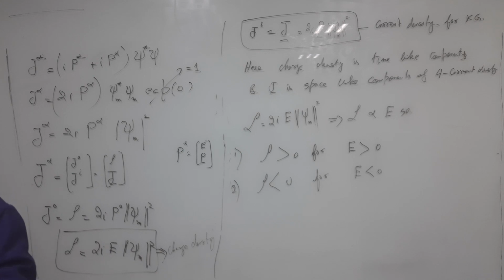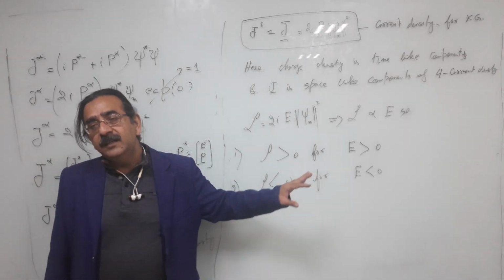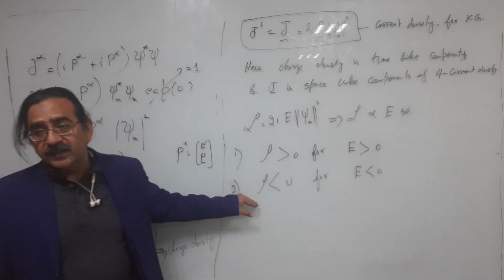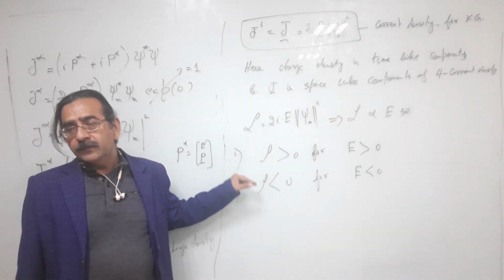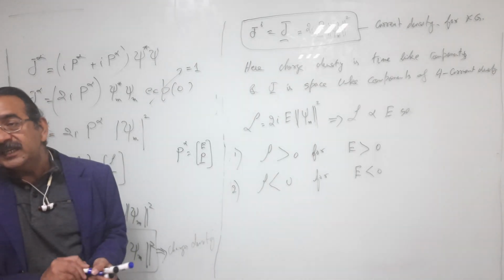All bases must be included. So if we ignore this solution, that will not be a complete set. So we can't ignore this part.